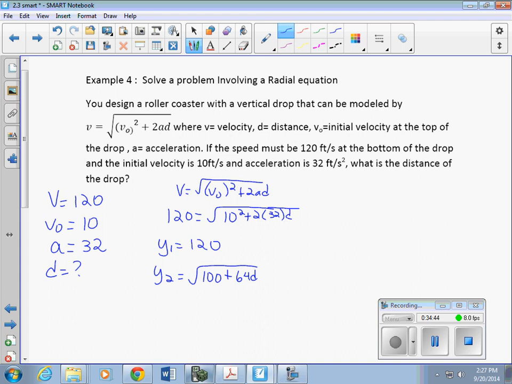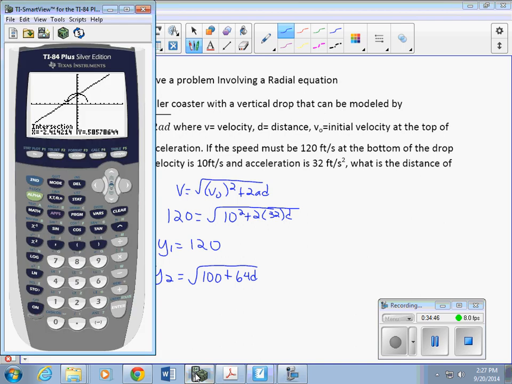So if I put those two into my calculator, y1 is equal to 120, y2 is equal to the square root 100 plus 64, I don't have a d, it's a variable, so I just use x.